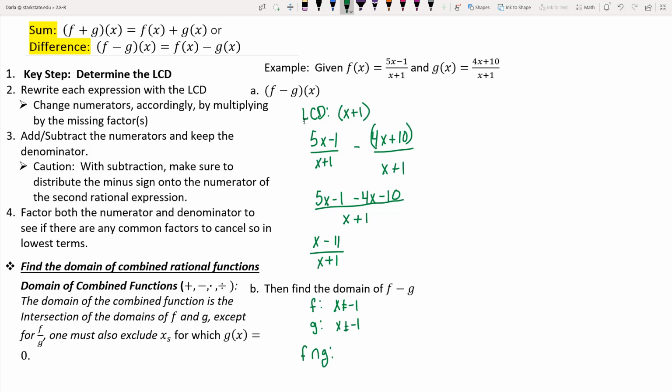So if you put those two ideas together, x is not allowed to be negative 1, and your domain would be everything but negative 1.